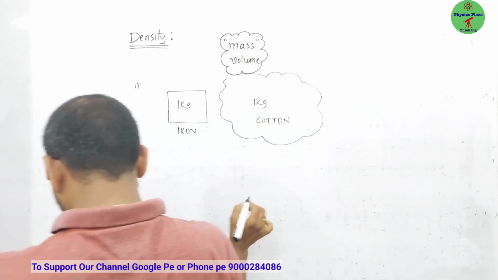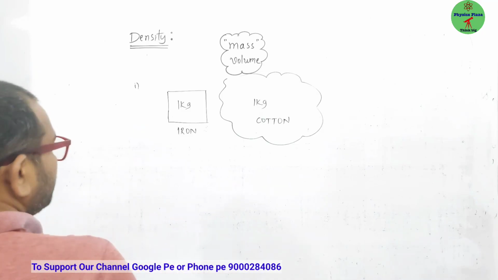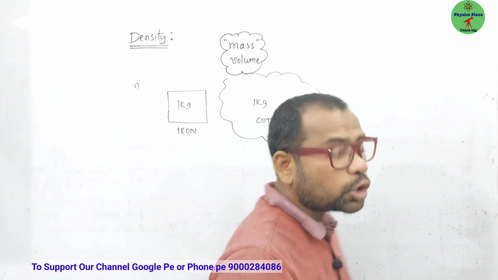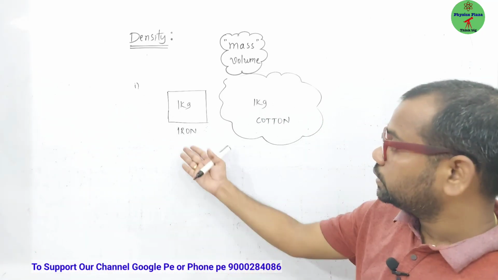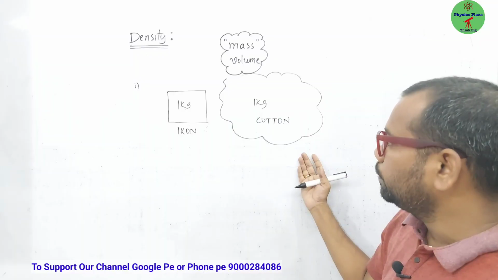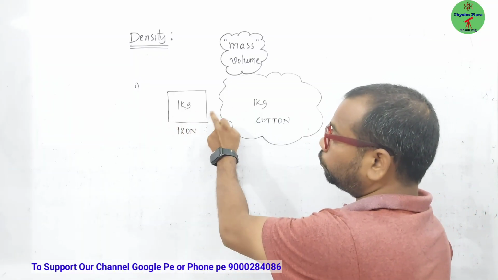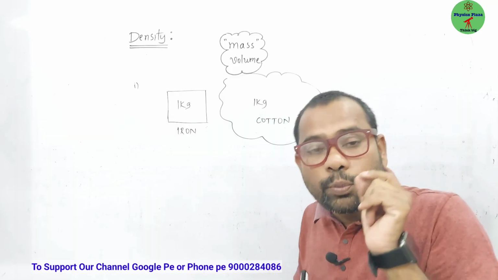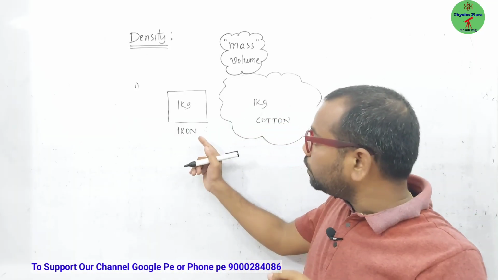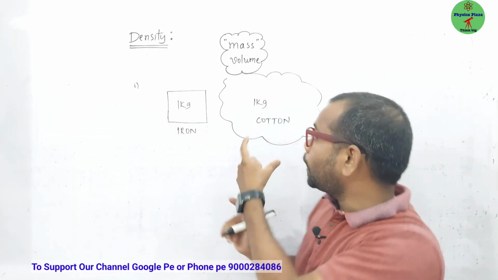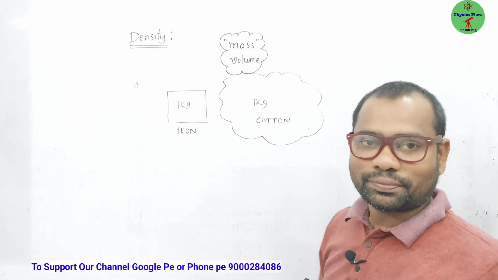What makes the difference? Children, the mass is the same, but if you see the space occupied, one has less occupation and the other more. The mass might be the same, but the volume is different. Which occupies less volume? Iron occupies less volume, cotton occupies more volume.